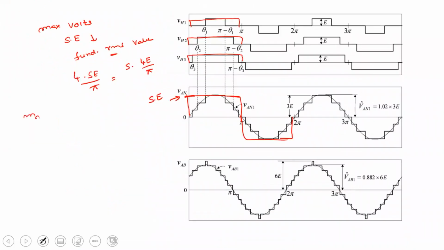MA is the VAN1, the fundamental, divided by S into 4E by pi. Understood? So that is the value of MA. Is that clear?